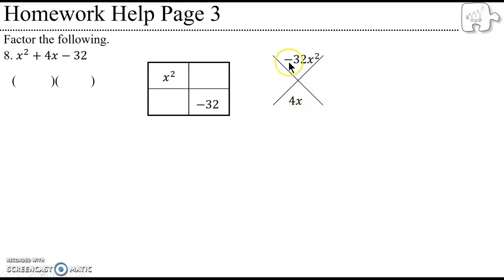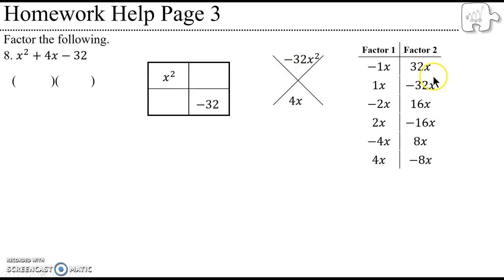So now we have to think about the numbers that multiply to negative 32 and add to 4. The way this is different is that if this number is negative, we could think about all the numbers that multiply to negative 32. We could say negative 1 and positive 32, or positive 1 and negative 32.